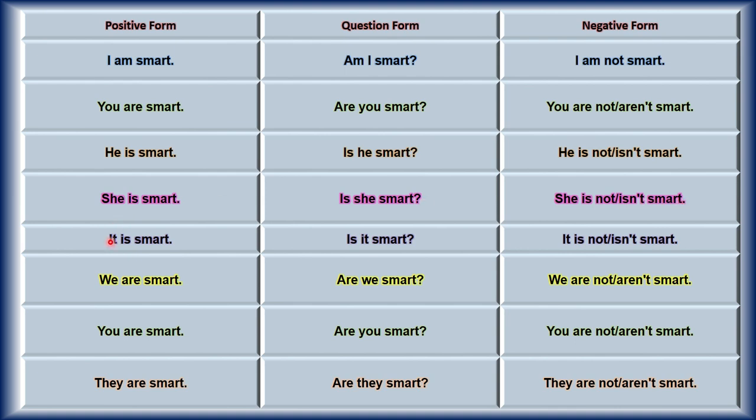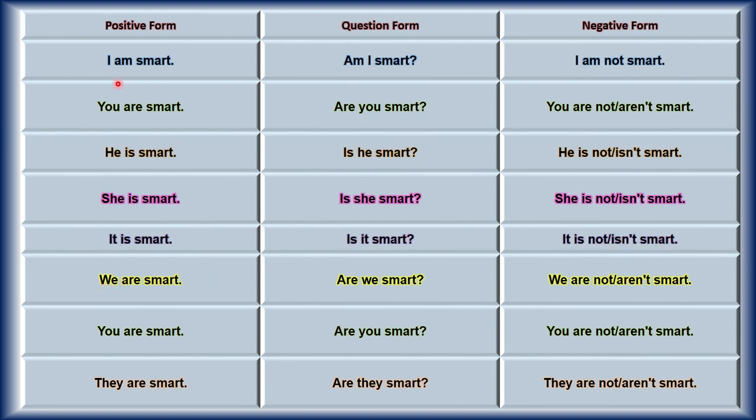It is usable for singular, animal or thing. Positive form. It is smart. Question form. Is it smart? Negative form. It is not smart. It isn't smart. We.